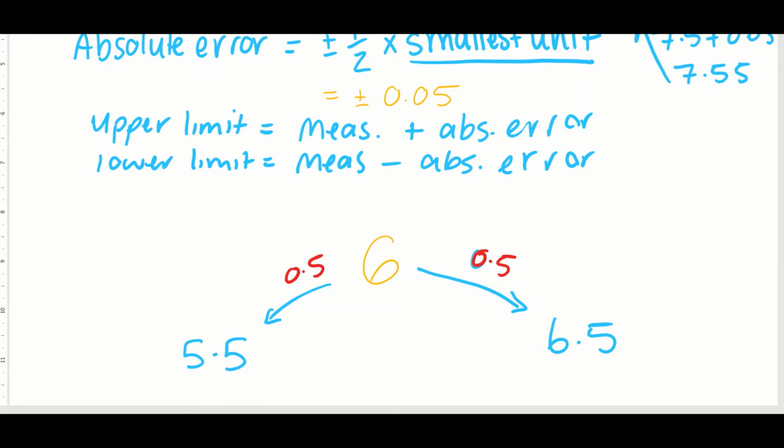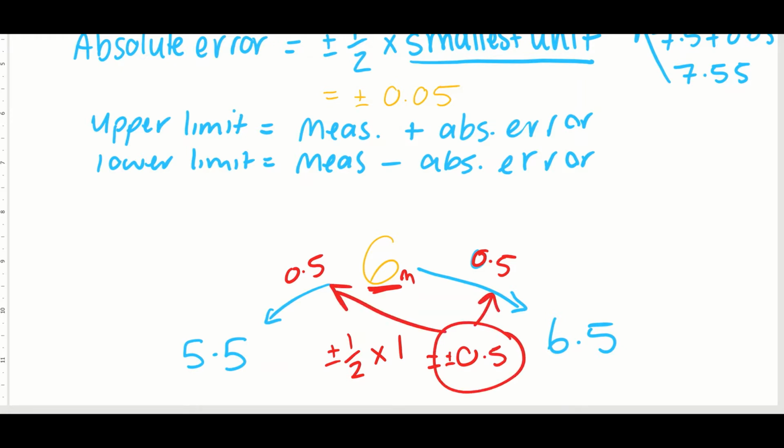If we use our formula of a half times the smallest unit, this is measured to every 1 meter, so it's plus or minus a half times 1, which gives me plus or minus 0.5. So what's your upper limit? Add it on to 6, get 6.5. What's your lower limit? Subtract it from 6, get 5.5.